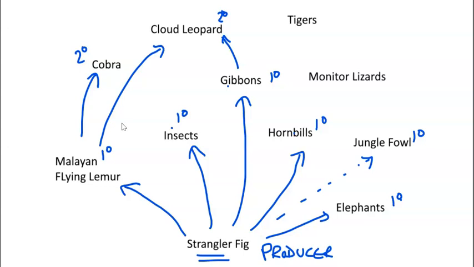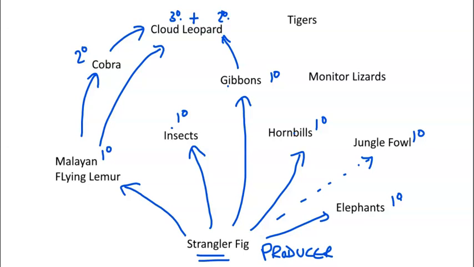But theoretically, clouded leopards have been known, although I personally haven't observed this, to be seen killing and eating cobras. Now that would mean that they are a tertiary consumer, and at one and the same time they are a tertiary consumer and a secondary consumer, illustrating some of the advantages of the food web compared to the food chain.